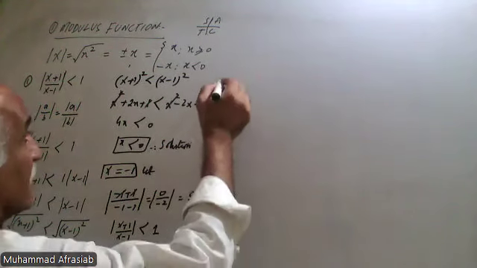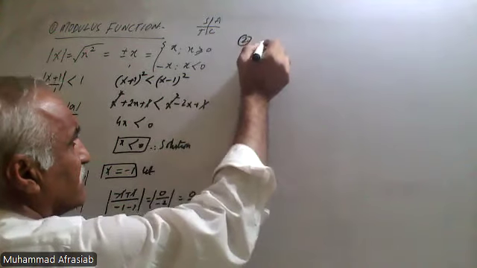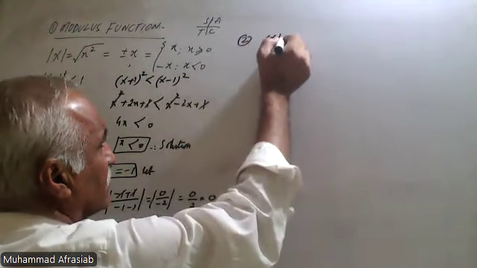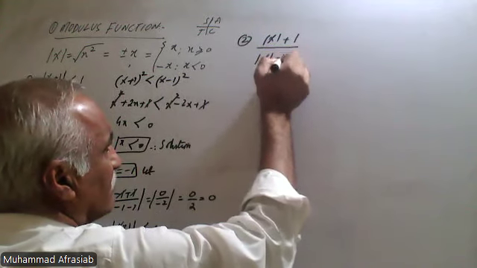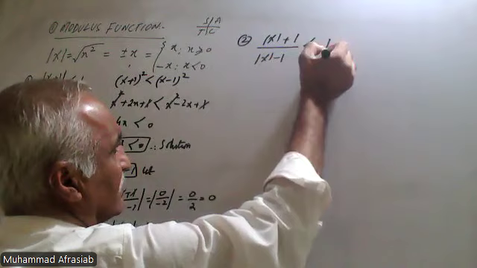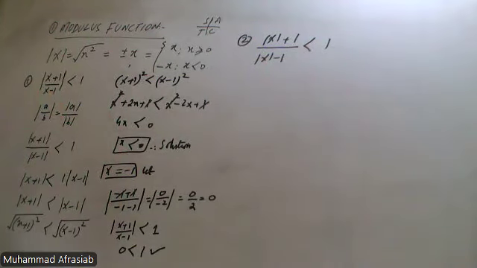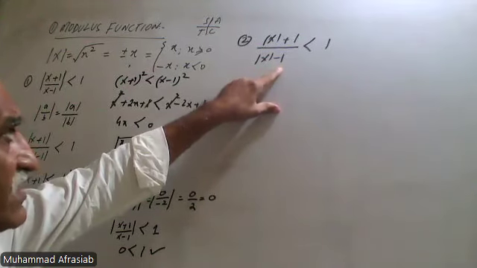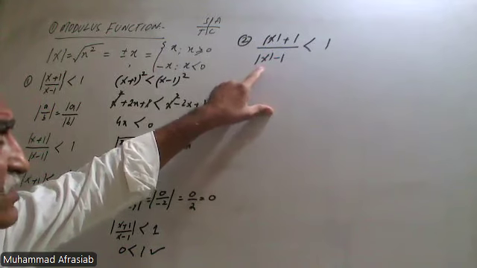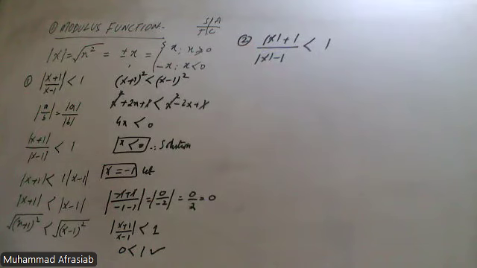For this second question, we can write it like this: |x| plus 1 over |x| minus 1 is less than 1. Since it is the modulus but outside the modulus there is minus 1, the denominator cannot be equal to 0, so x cannot equal 1. When cross multiplication is not possible, you always use the squaring.